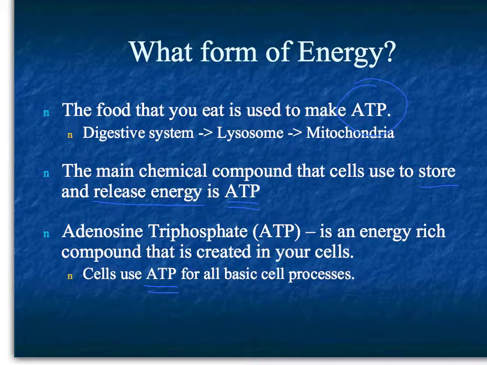Think of all the things that cells do to live, the characteristics of life, and they are going to use this ATP for it. So how does this really work? Let's move on to the next slide to find out.